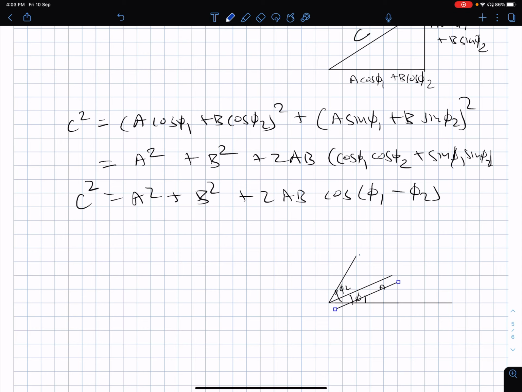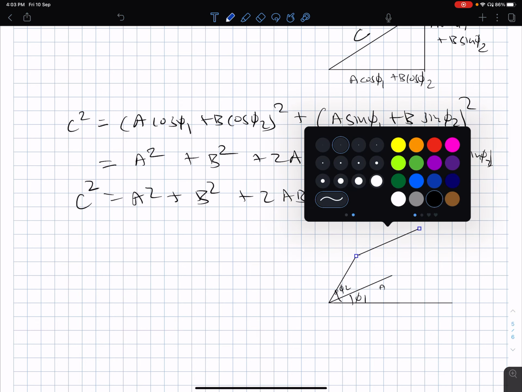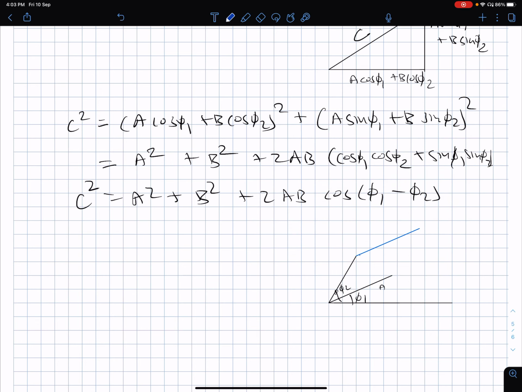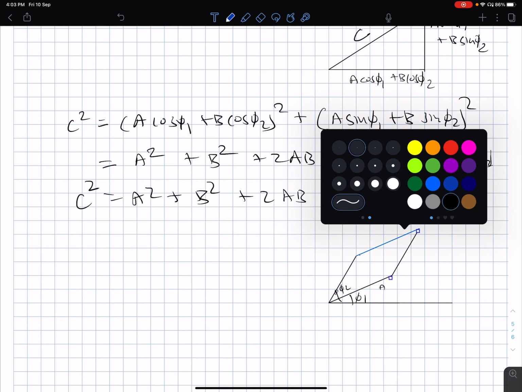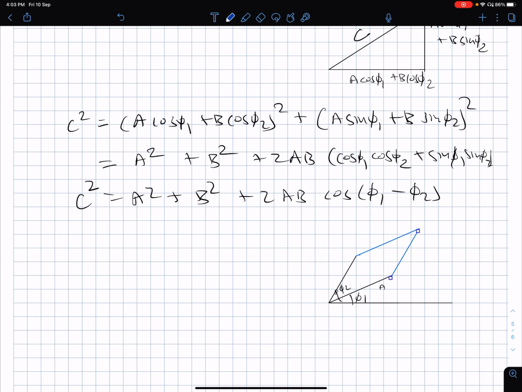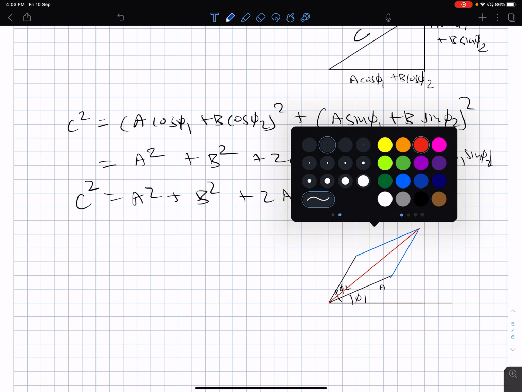Just duplicate this, put it here, change the color to make it more apparent, and let us duplicate this and again change the color, and now let's join this and take a red color.